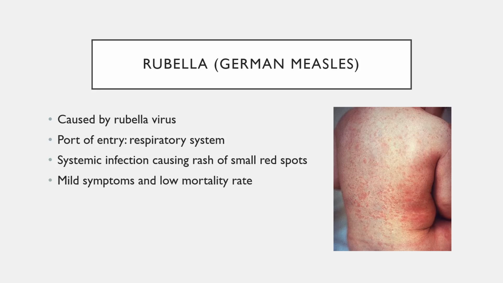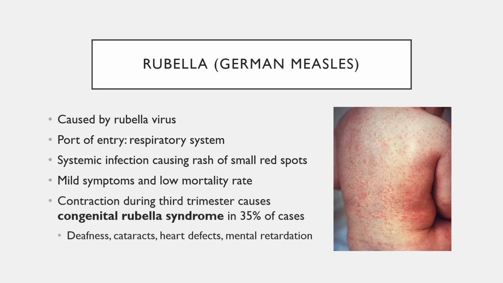Well, if contracted by a woman during her third trimester of pregnancy, it leads to something called congenital rubella syndrome in 35% of cases. Congenital rubella syndrome is very dangerous. It leads to deafness, cataracts, heart defects, mental retardation, and 15% of babies with congenital rubella syndrome die within their first year of life.